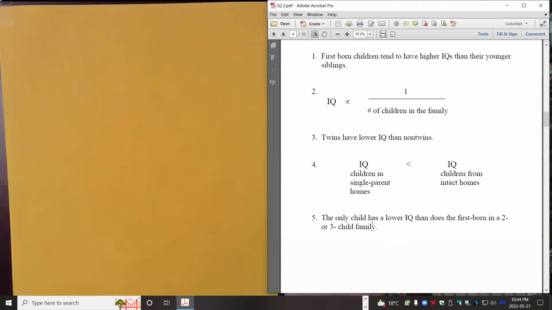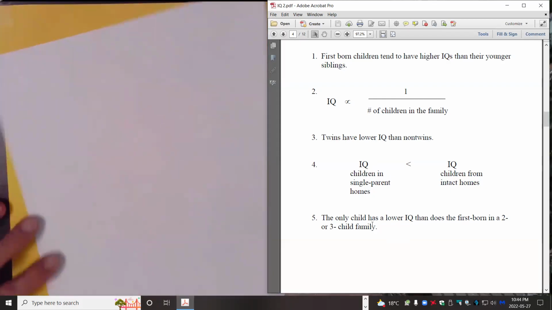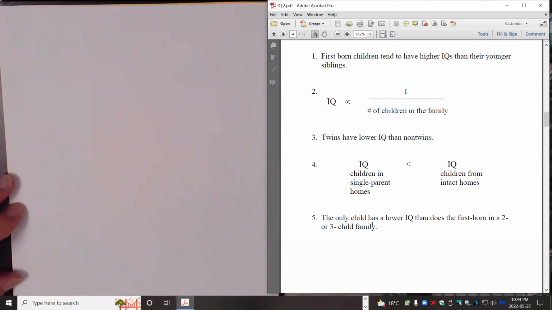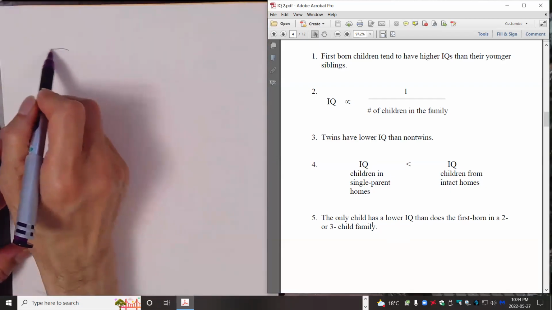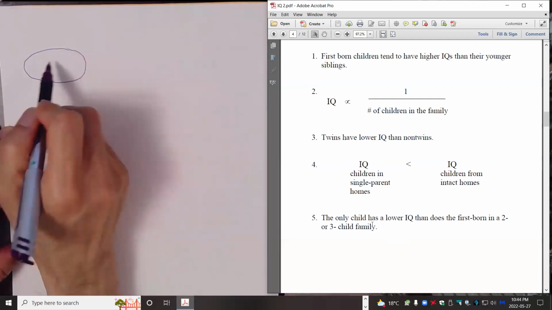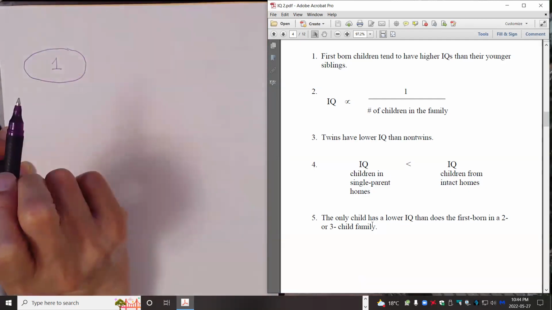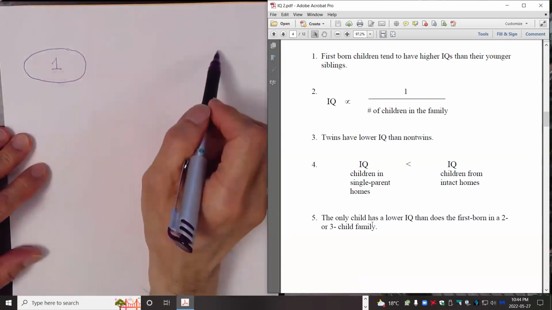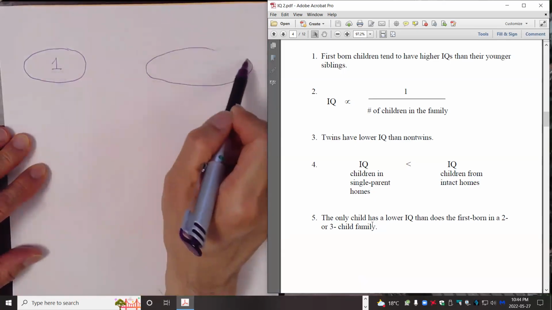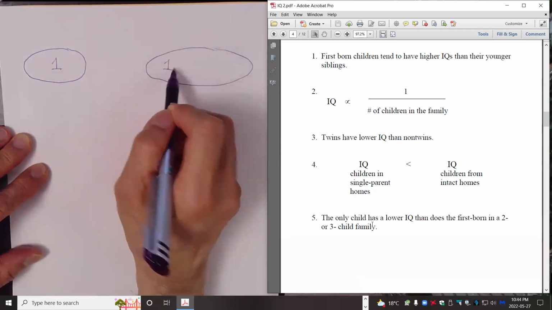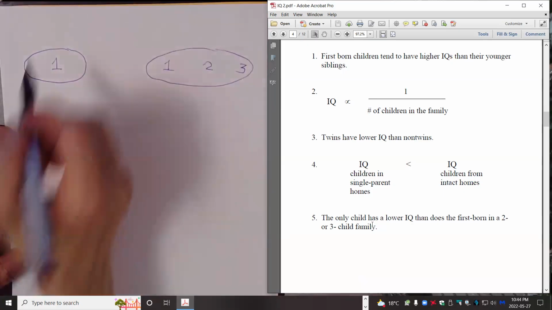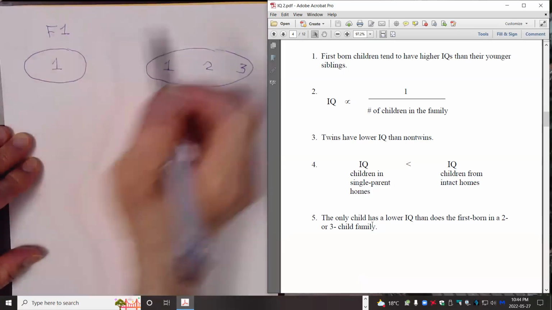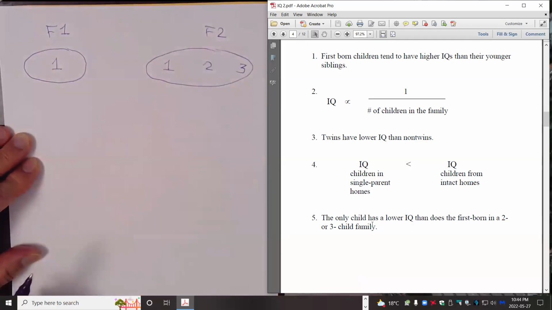Take a look. Singleton versus non-singleton. All right, let's take a look. Say 2 families. This one. Boom. Just one. This one. Do, re, mi. Family 1, family 2.